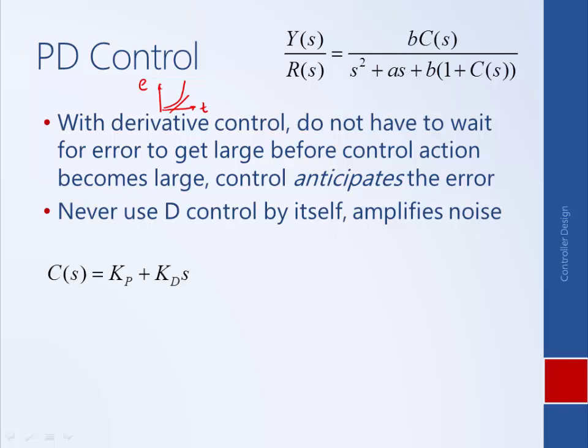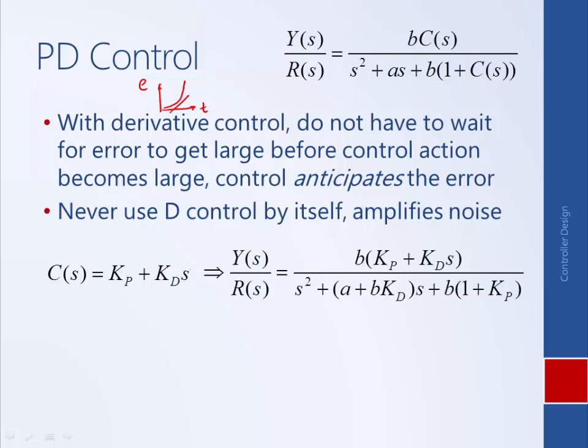So here's our controller. It has a constant that's proportional to the error, and then multiplication by s causes differentiation of the error, and another constant to make the control proportional to the derivative of the error. If we substitute it in to our closed loop transfer function and rearrange, this is the closed loop transfer function that we get.